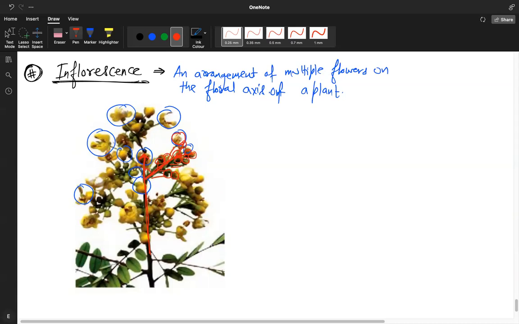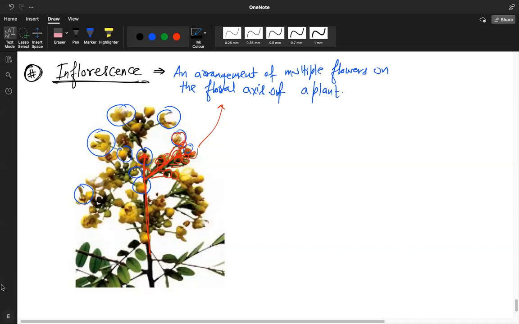This axis is at an angle. Okay. Does it make sense, Ilham and Asha? Do you understand what is inflorescence? So multiple flowers arranged in a pattern on the floral axis is called inflorescence.